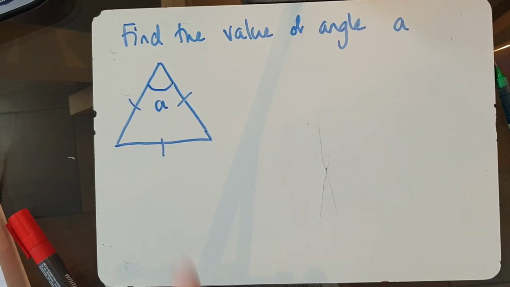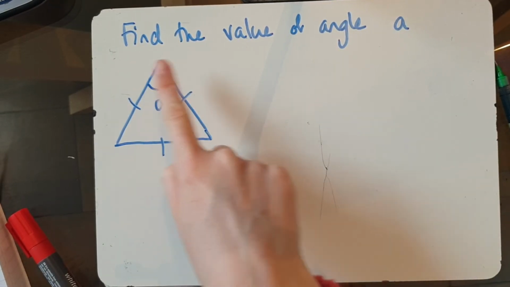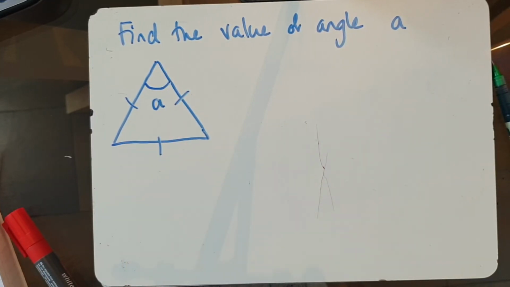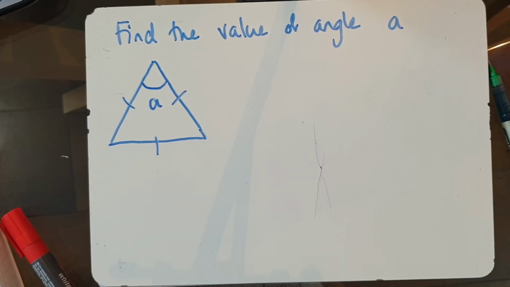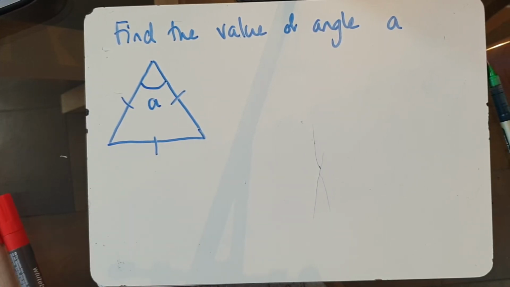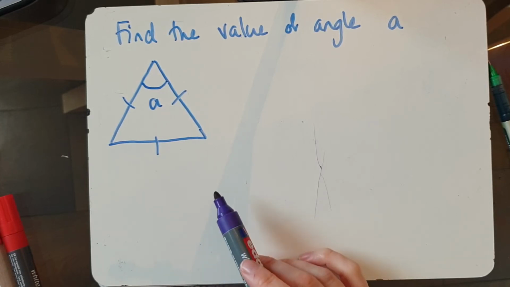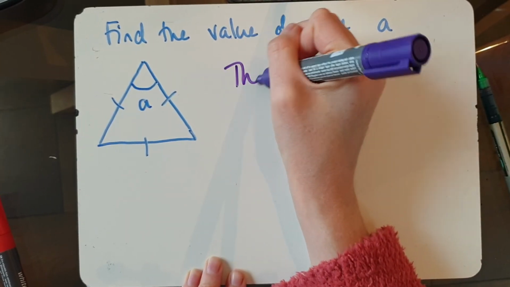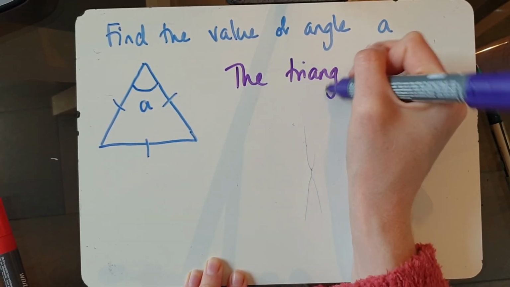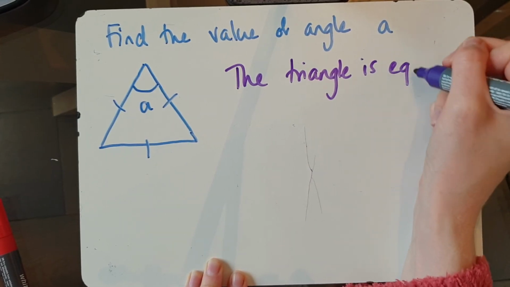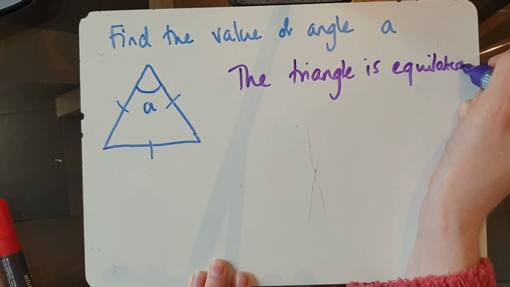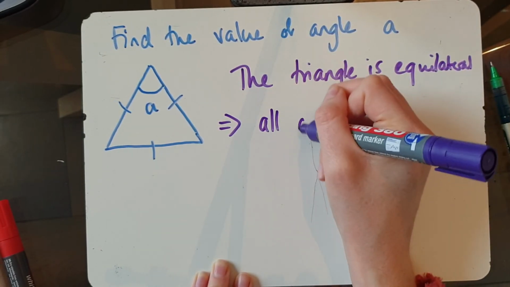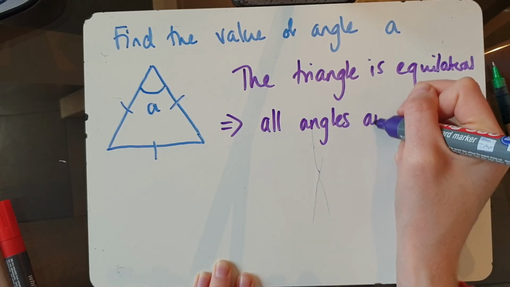So in this example, we've got a picture of a triangle and we need to find the value of angle A. We haven't got any of the other angles, so we can't do 180 degrees minus the other angles. So we need to look at the properties of the triangle that we've got. It has 3 equal sides, so the triangle is equilateral. If the triangle is equilateral, that means that all angles are equal.